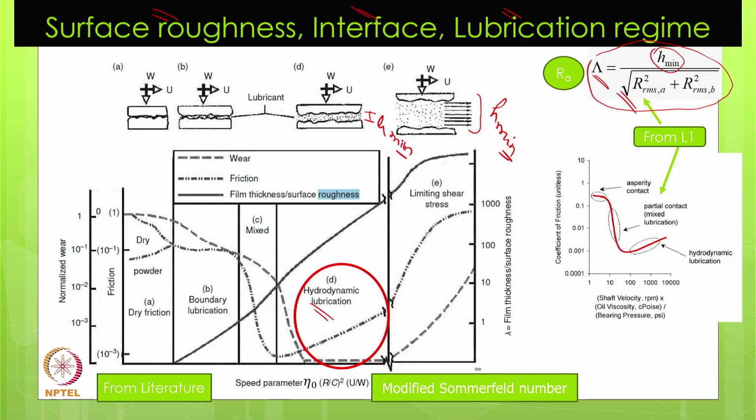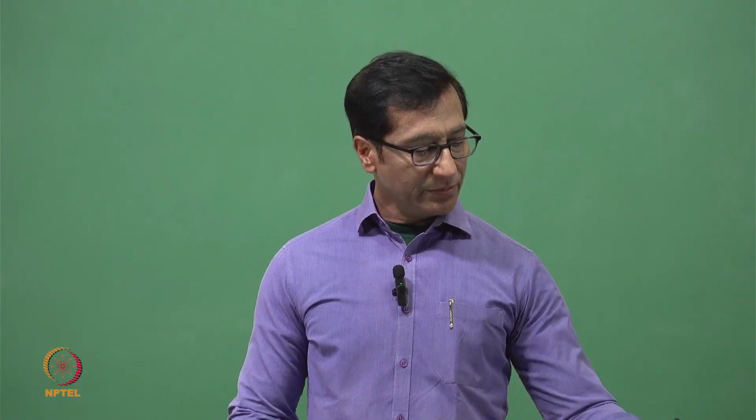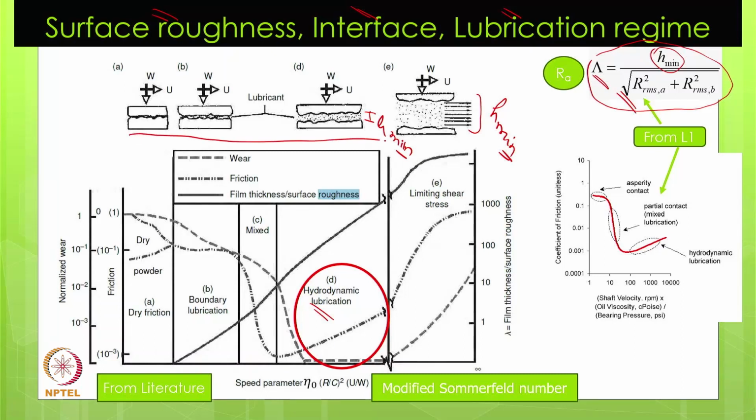If surface roughness is lesser, then quite possibly the specific film thickness will be on the higher side, and we will be moving from this side to this side. In this case the specific film thickness will be 0, as H minimum is 0. Whatever the surface roughness, the specific film thickness will remain 0 irrespective of the surface roughness. So it doesn't depend on that.